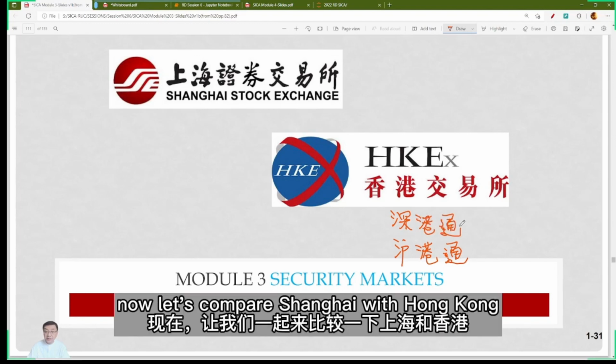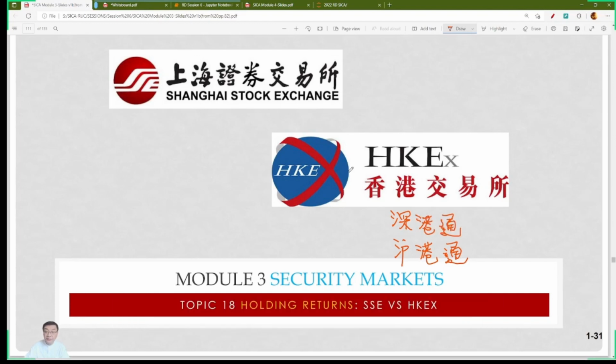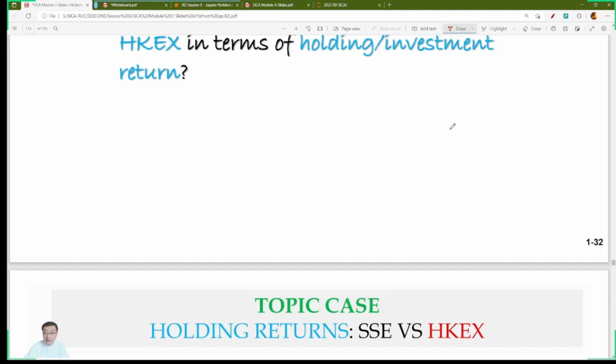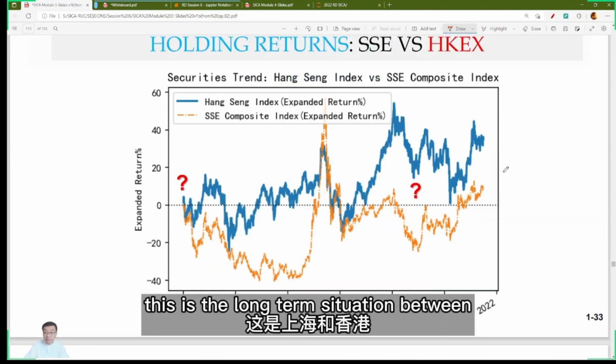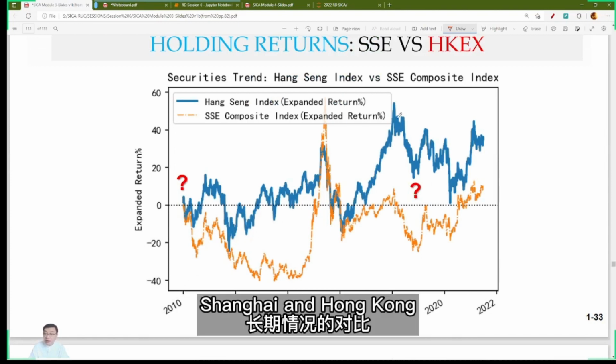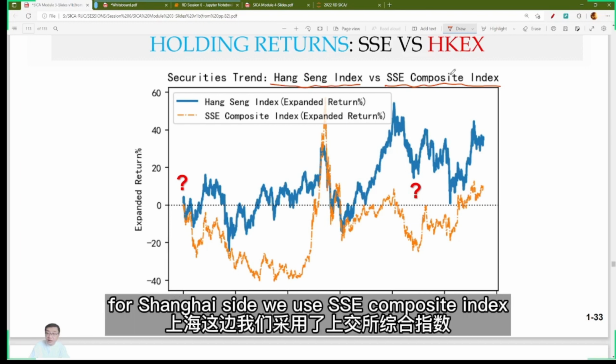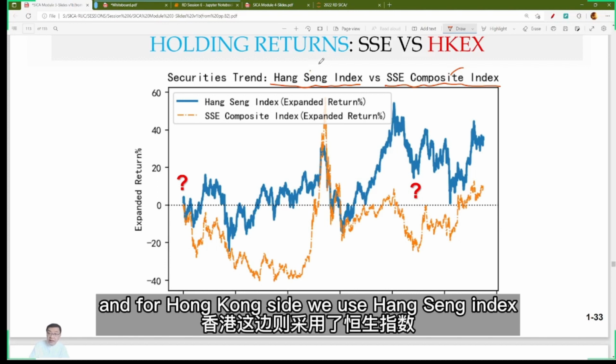Now let's compare Shanghai with Hong Kong. This is the long-term situation between Shanghai and Hong Kong. Okay, for Shanghai side, we use SSE Composite Index, and for Hong Kong side, we use Hang Seng Index.